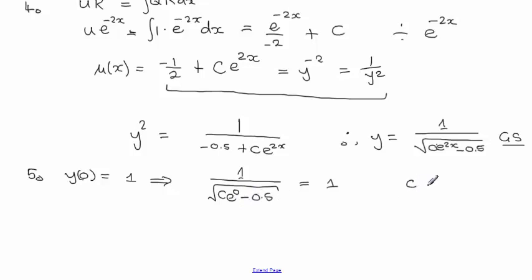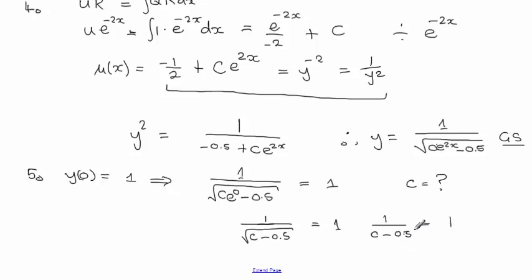Our unknown here is c. So what we have here simply is 1 over the square root of c minus 0.5 equals 1. And squaring both sides here, we simply get 1 over c minus 0.5 equals 1.